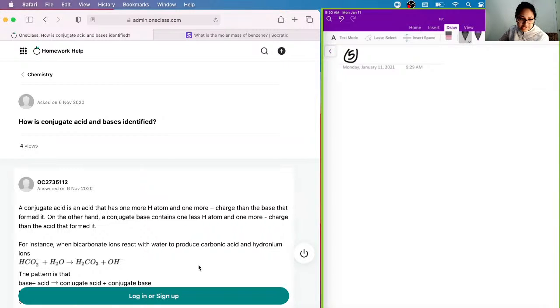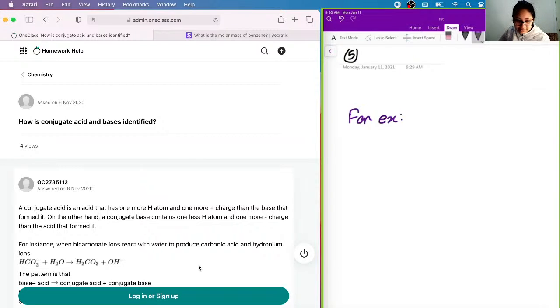Let's say, for example, we have an example of an ion, the bicarbonate ion. We have the bicarbonate ion react with water to produce carbonic acid and hydronium ions.